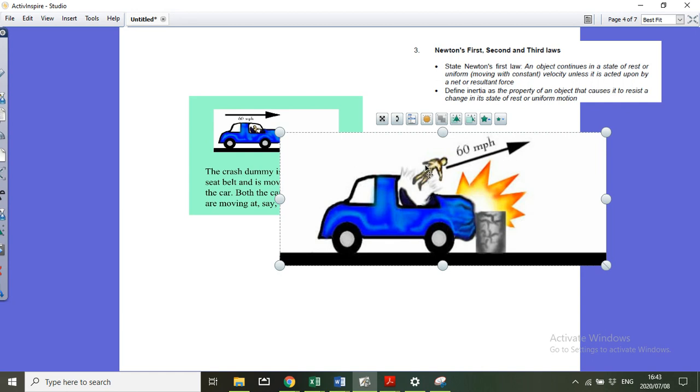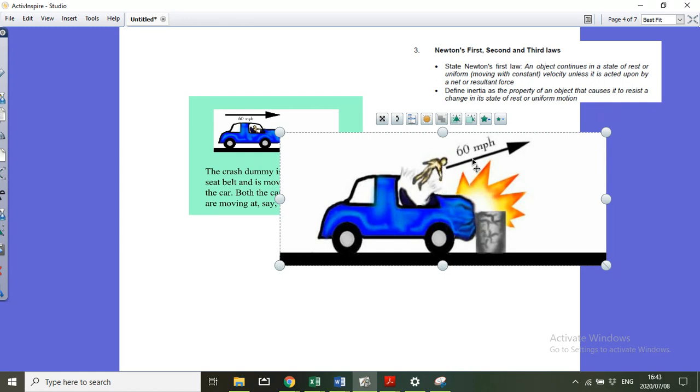They're going to ask you to explain the movement of the dummy using Newton's first law. So if you do that, you have to say that the dummy will continue, you can see it there in the law, continue at a velocity of 60 miles per hour, because that's what it was doing, unless it's acted on by a net force, because the net force is acting on the car and not on the dummy.